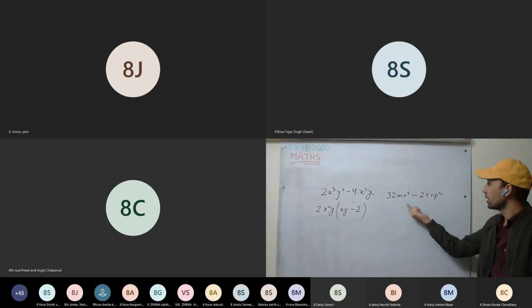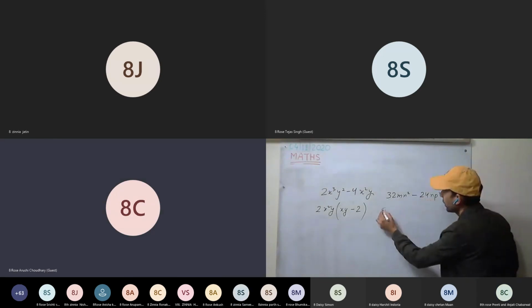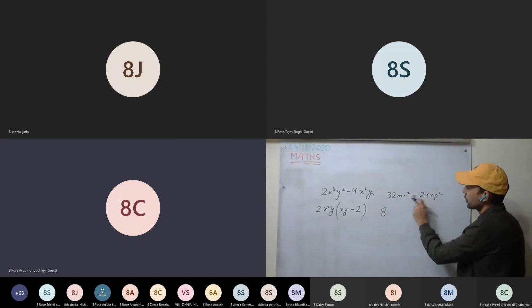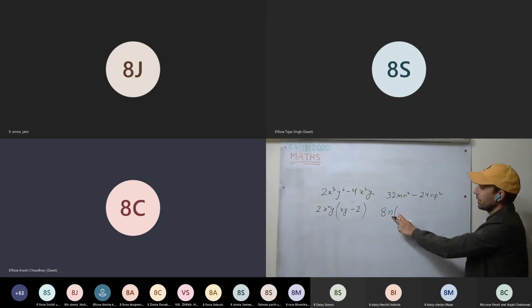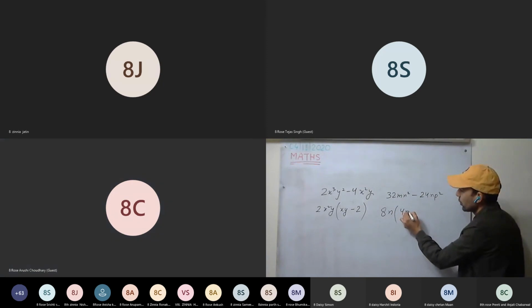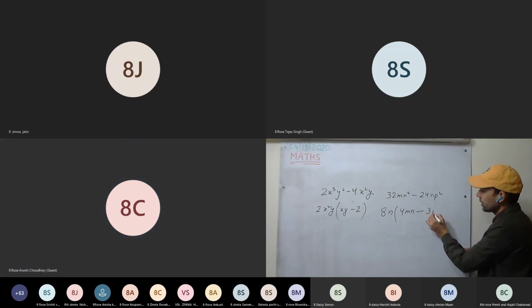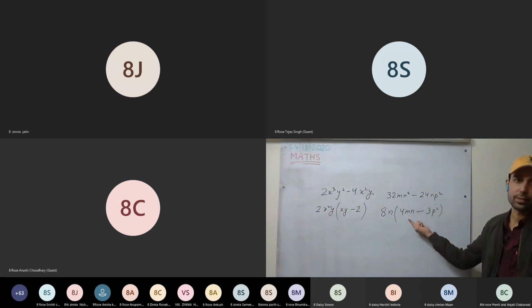Yes, sir. Sir, common is 8, 32 and 24. 8 we have taken outside. Any more? n square, here n. Now divide each term by 8n. 4mn minus 3p square. Good. So these are the factors.